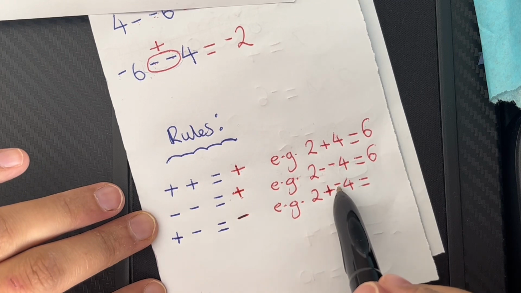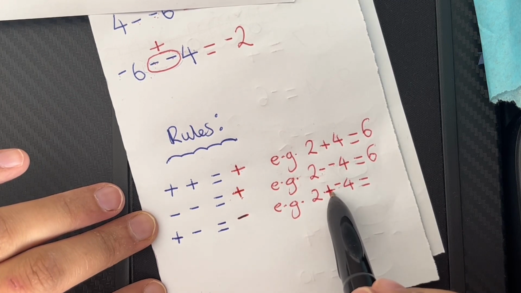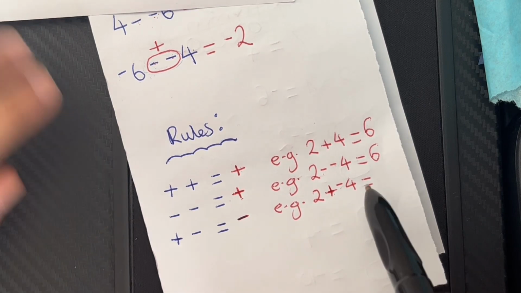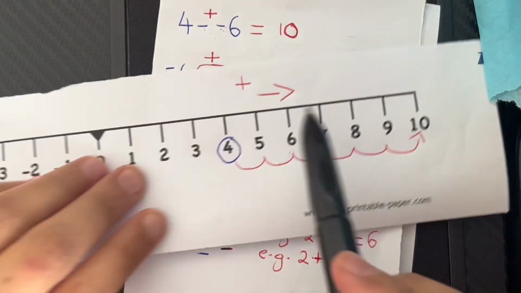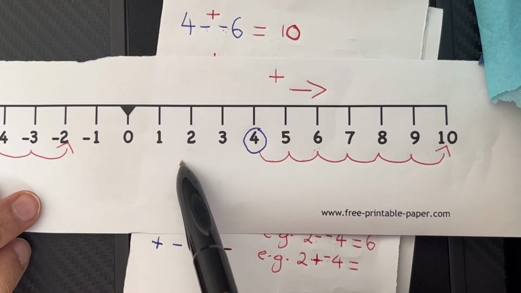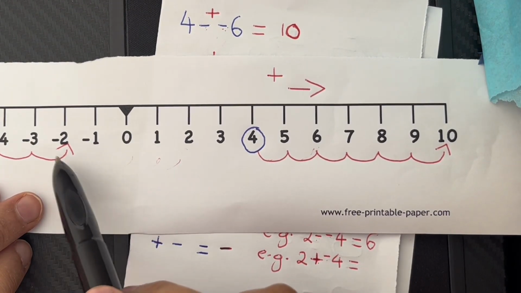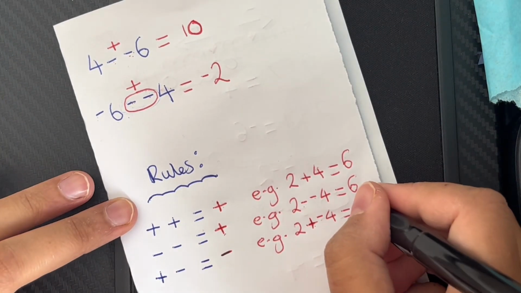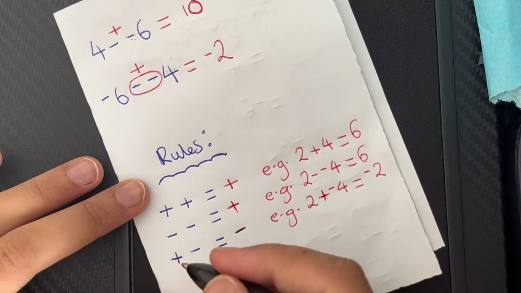So that negative sign is going to reverse what I should be doing with the addition sign. So it actually becomes 2 minus 4. Look at my number line, starting at 2, minus 4 takes me to my negative 2. So the answer is negative 2.